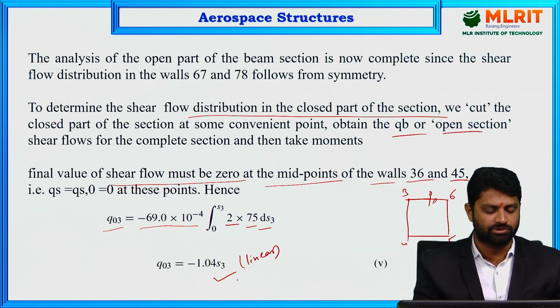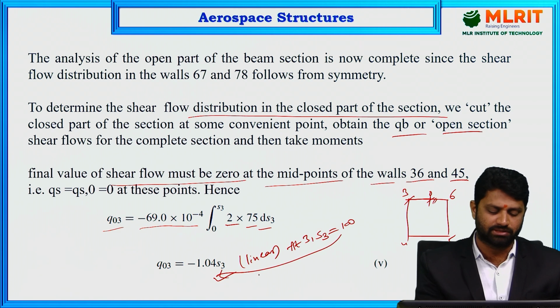Substituting for the limits, at O, S3 equals 0, and at 3, the boundary condition, you can substitute S3 equals 100 mm. When you substitute in this, you get Q3 as 1.04 into 100, which is 104 Newton per mm, which is negative.